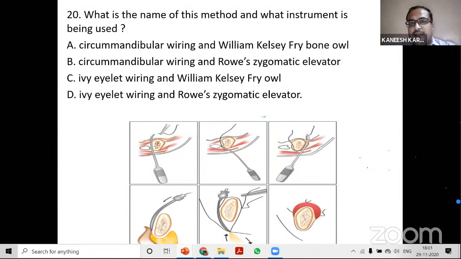What is the name of this method and what instrument is being used? I guess you will have a lot of picture based questions in NEET. So this is circummandibular wiring with the help of William Kelsey Fry bone awl.